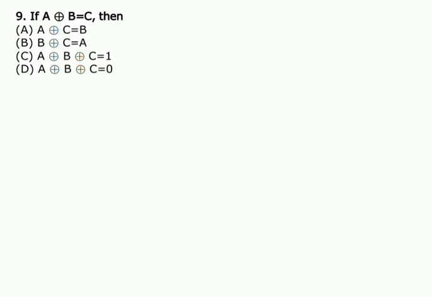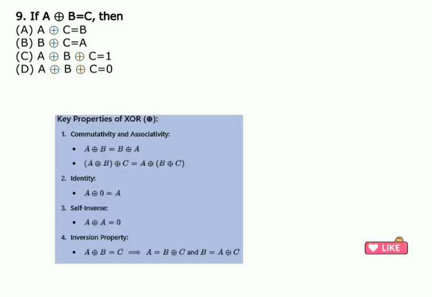If A XOR B equals C, then here we have to go through the properties of XOR: commutativity and associativity. A XOR B equals B XOR A, and the associativity property: A XOR B XOR C equals A XOR of B XOR C. Next, the identity operation: A XOR 0 equals A. And the self-inverse operation: A XOR A equals 0.